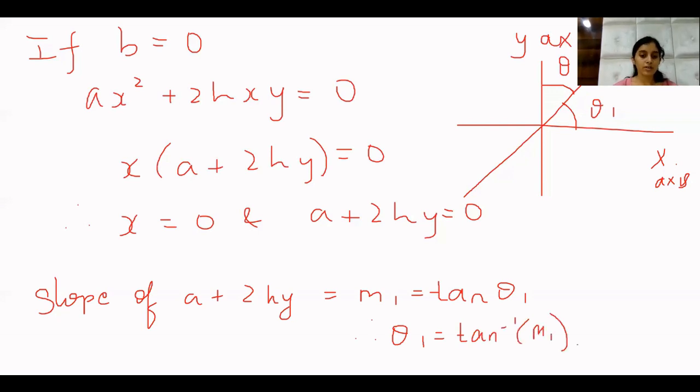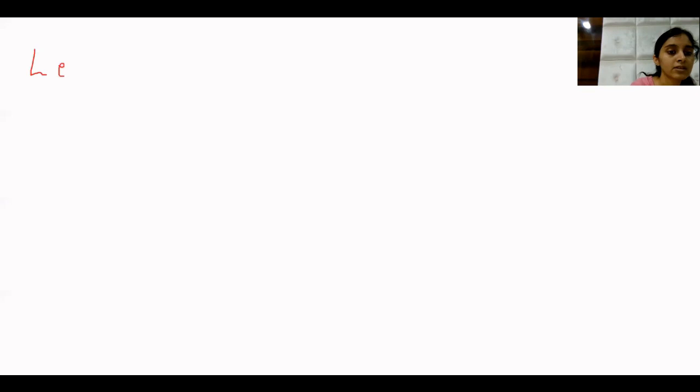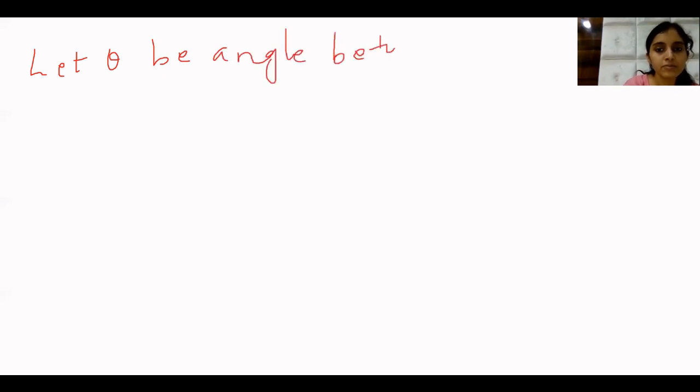Okay, so this is how you'll find the slope of the first line. Now, how do we find theta? So we'll say let theta be the angle between ax plus 2hy and x equal to 0.